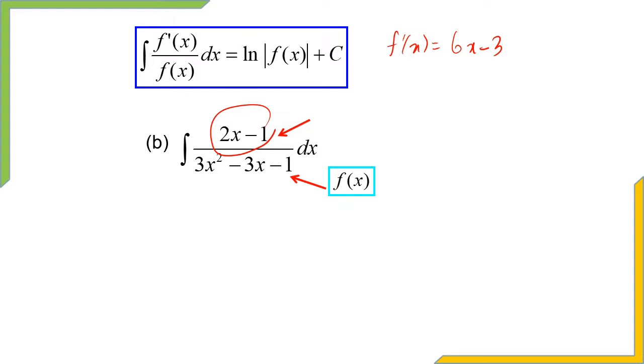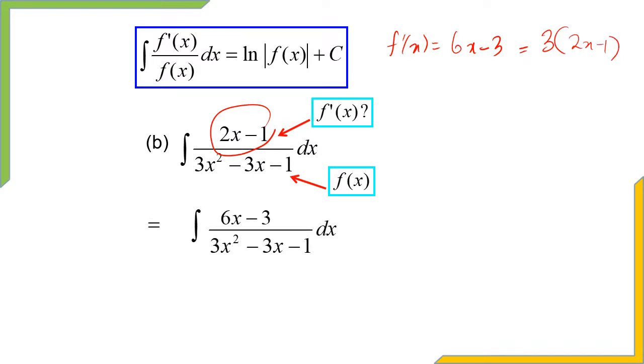The numerator is not the same, but we can write it as 3 factorized out, we have 2x minus 1. So basically we should have 3 of 2x minus 1. But we don't have 3 here. So how to eliminate 3? We need to multiply by 1 over 3, so that these 3 can cancel out.